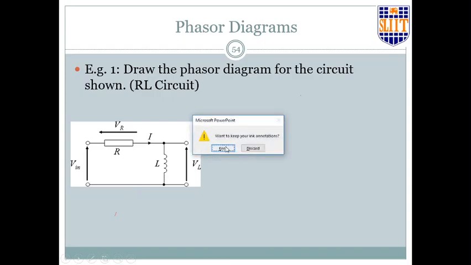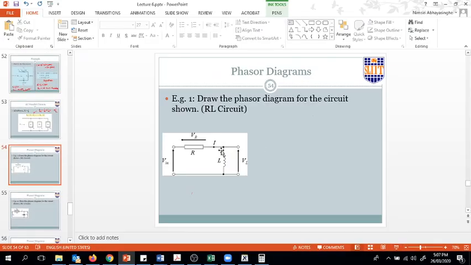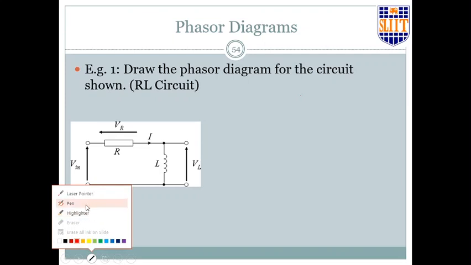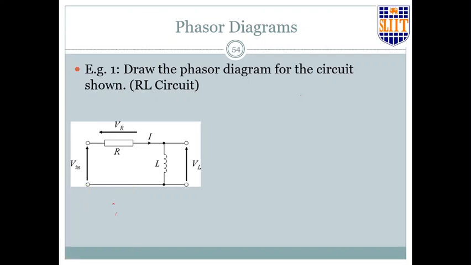Let's save this. We can write it in the same thing. Right, now here you can see that the current is common to both, so taking a common parameter as reference is easier. Let's take the pen. We can use different colors.